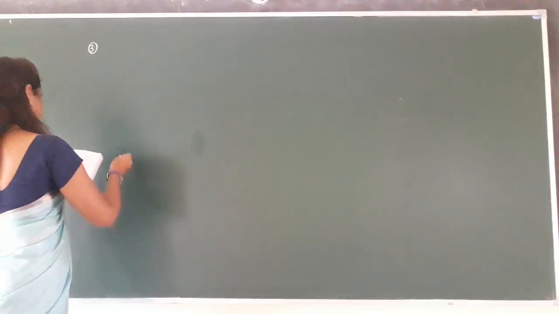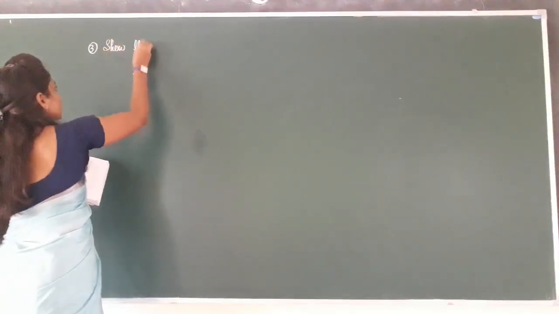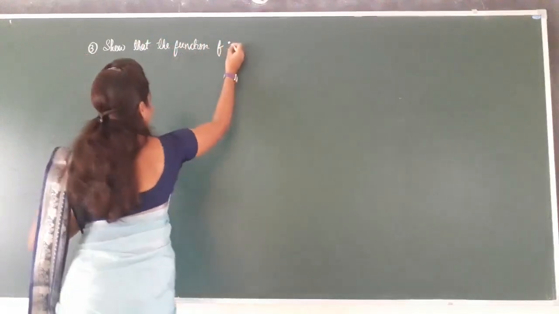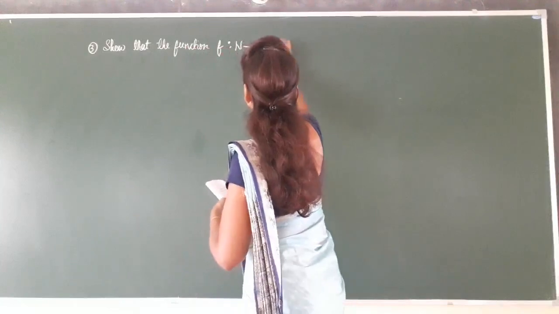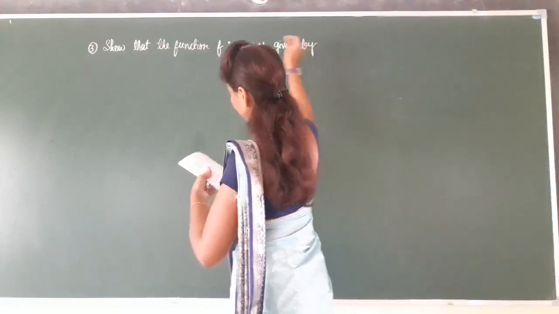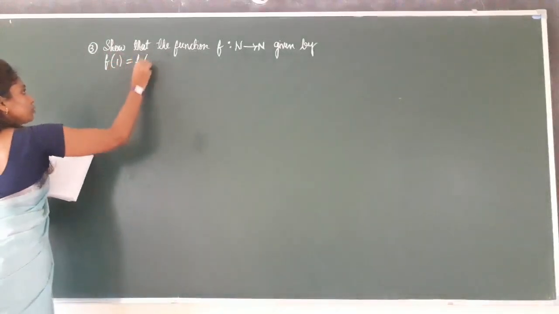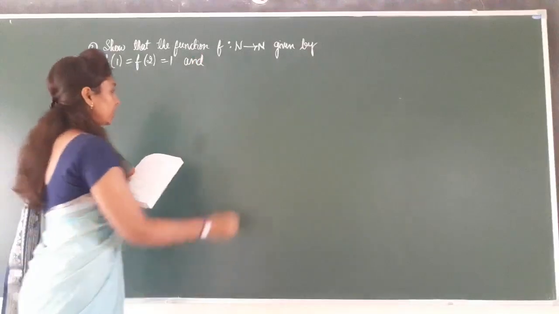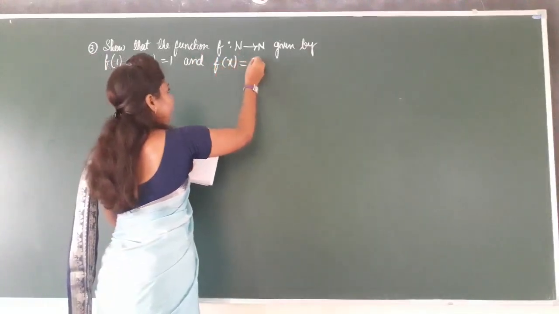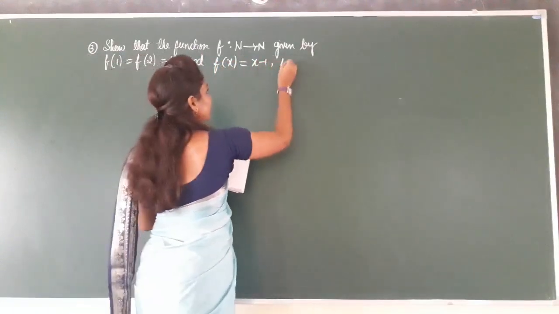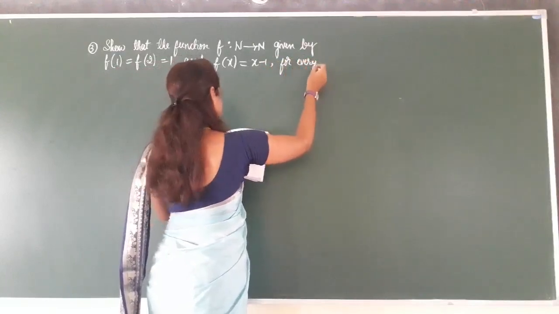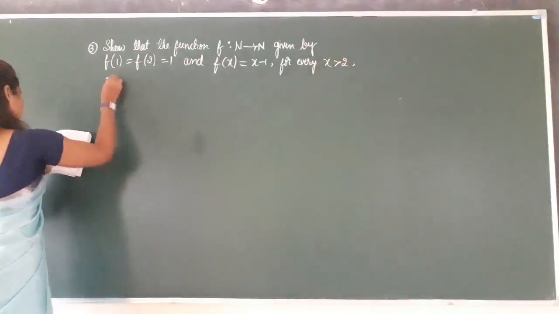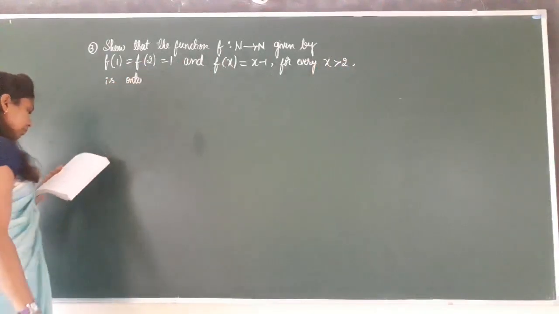Show that the function from natural numbers to natural numbers, N to N, given by f of 1 is equal to f of 2 which is equal to 1, and f of x is equal to x minus 1 for every x greater than 2, is onto but not one-one.